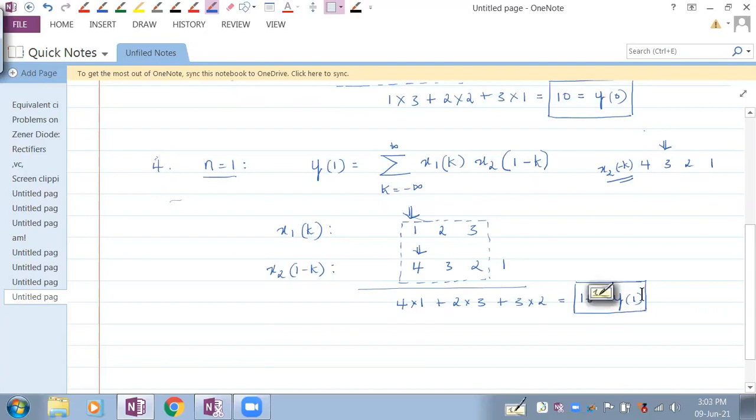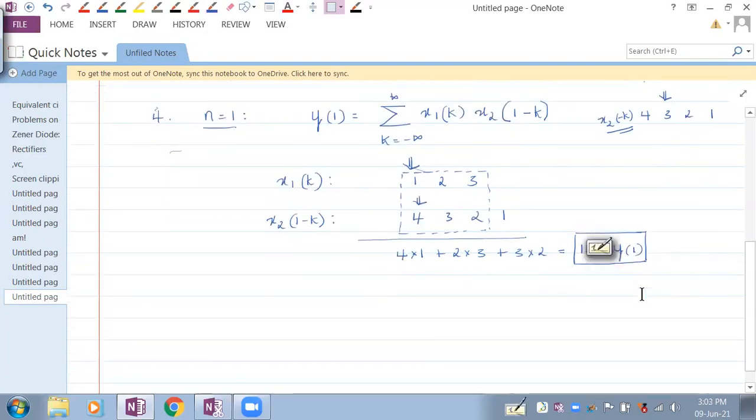Similarly, 2 more samples we need to obtain. So the 4th sample is obtained; the 5th sample is n equal to 2. So the equation for y of 2 will be given as the sum over k ranging from minus infinity to plus infinity of x1 of k times x2 of 2 minus k.